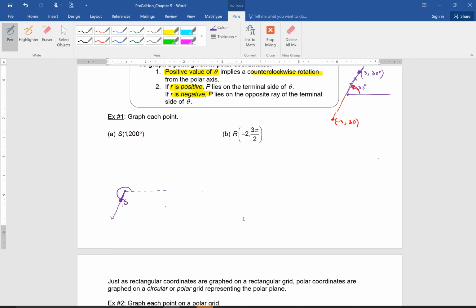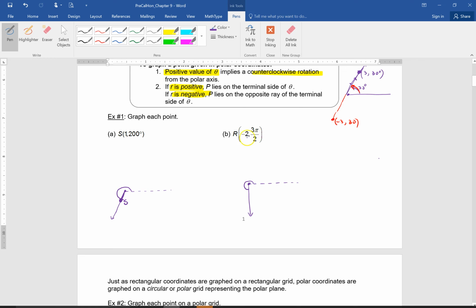Okay? All right, so here's another one. We're going to go -2, an angle of 3 pi over 2. So here's your pole. That's the polar axis. If I go 3 pi over 2, that's this, right? 3 pi over 2.